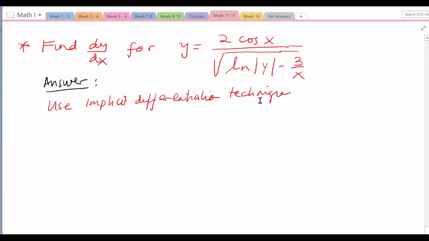So in the first step, we have a square root here. We have to get rid of that by taking the square of both the left hand side and the right hand side.